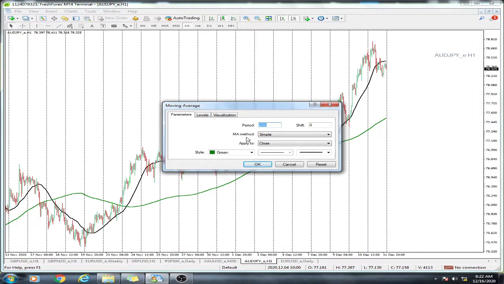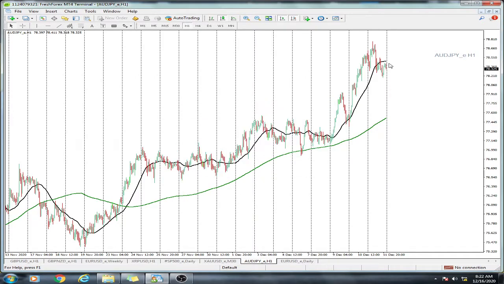MA method is the method with which you want to calculate the average, and then the prices for which you are finding the average. The word 200 means to find the average for the past 200 candles.